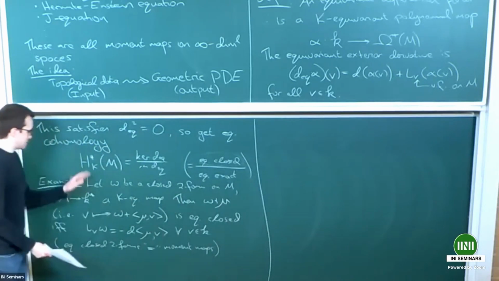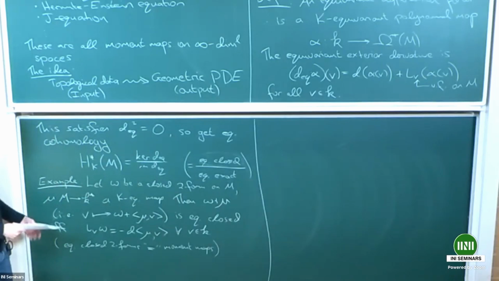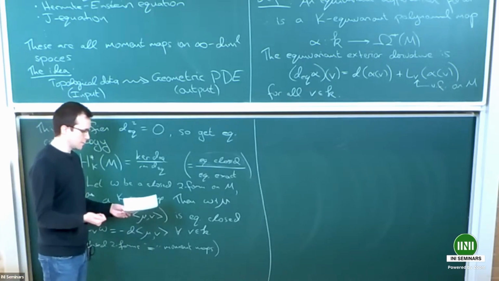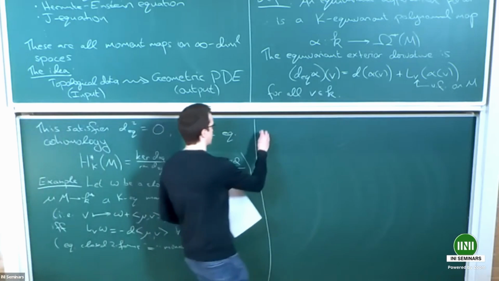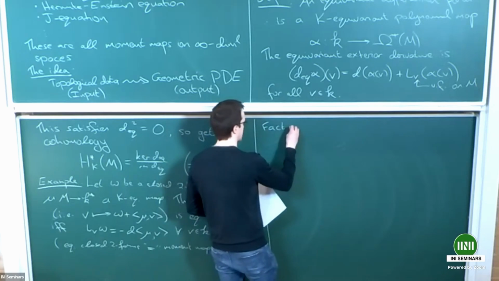So yes, this is an equivariantly closed two form. I want to generate more examples, and I'll do this using a couple of facts.